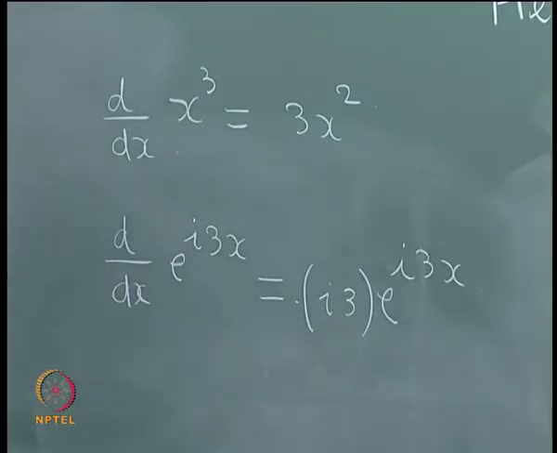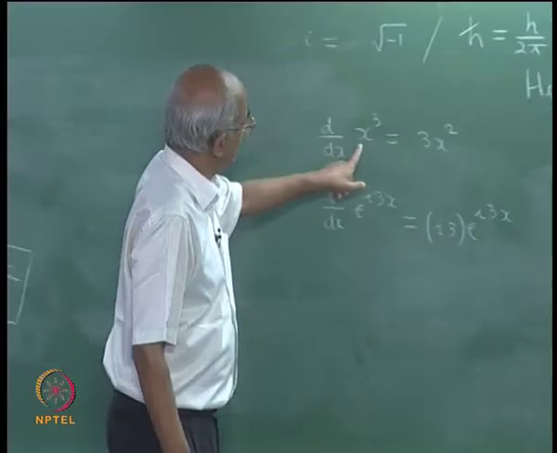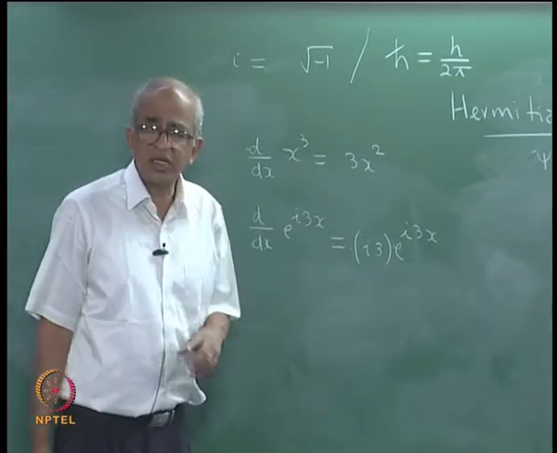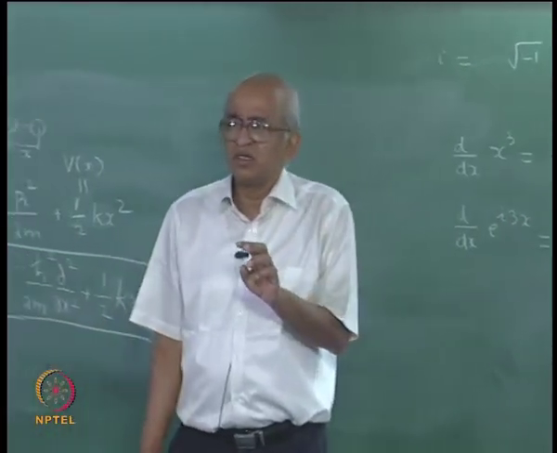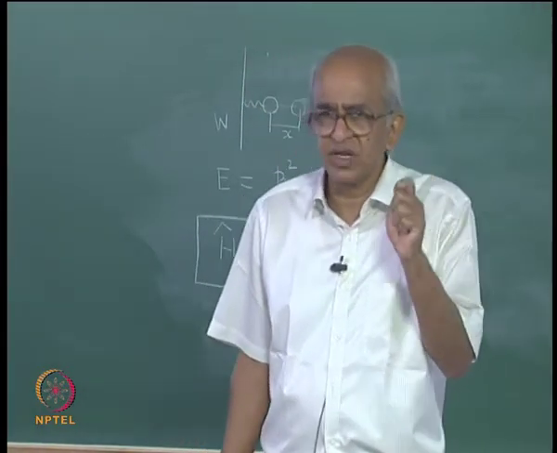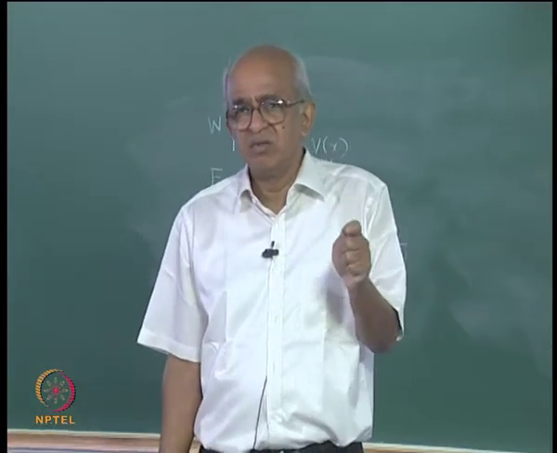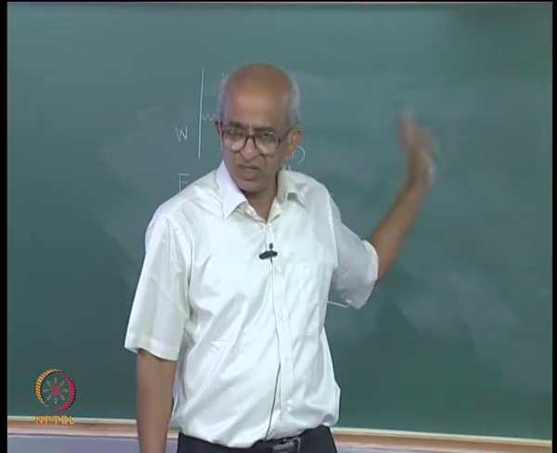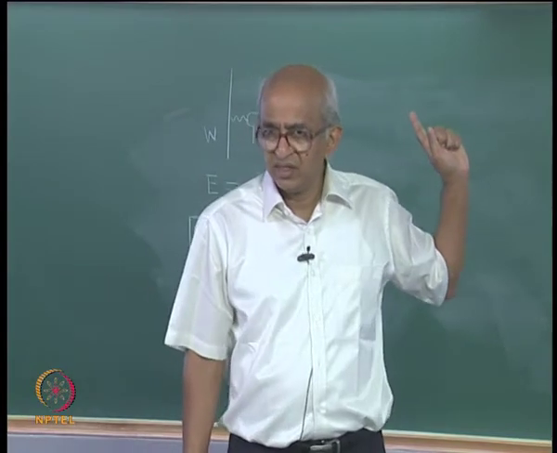See, you compare the two cases. In the first case you got a totally new function, but in the second case you do not get a totally new function. You get the original function itself, but multiplied by a constant which is i into 3. Okay.